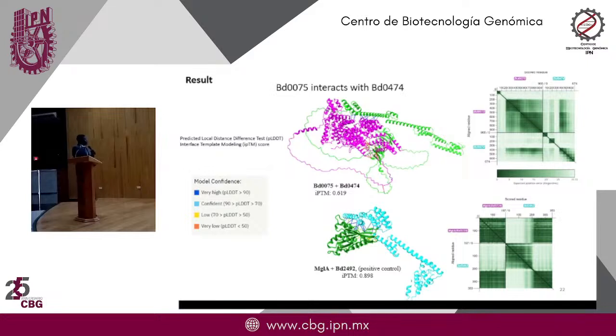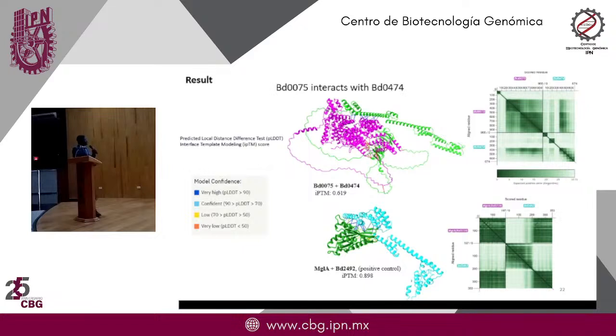And so maybe I can explain a little clearer with these predicted aligned error plots. What we see in this square right here is 0075, and this other square right here is 474. If there is interaction between this square and this square, we're going to know from the green shade in these other two squares right here. So that's how we read the predicted aligned error plot.